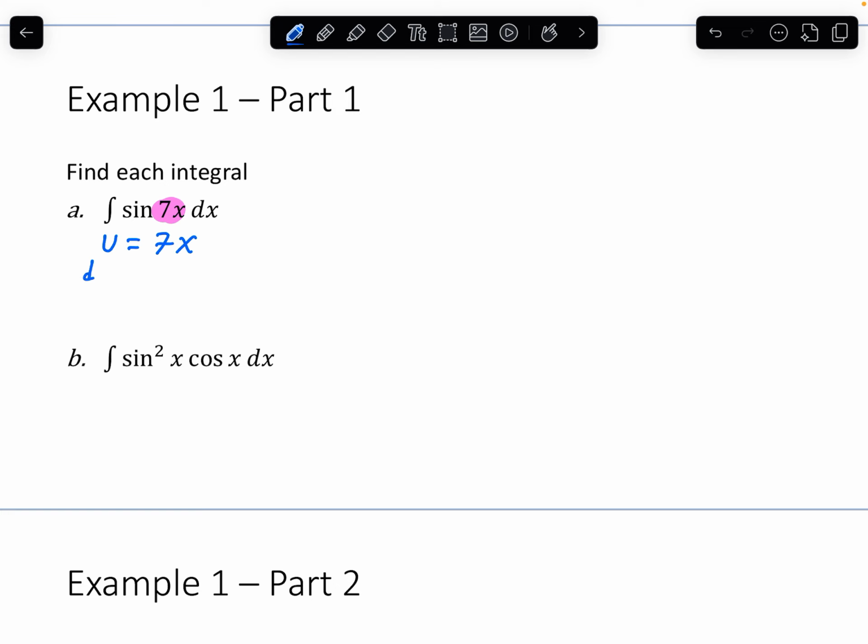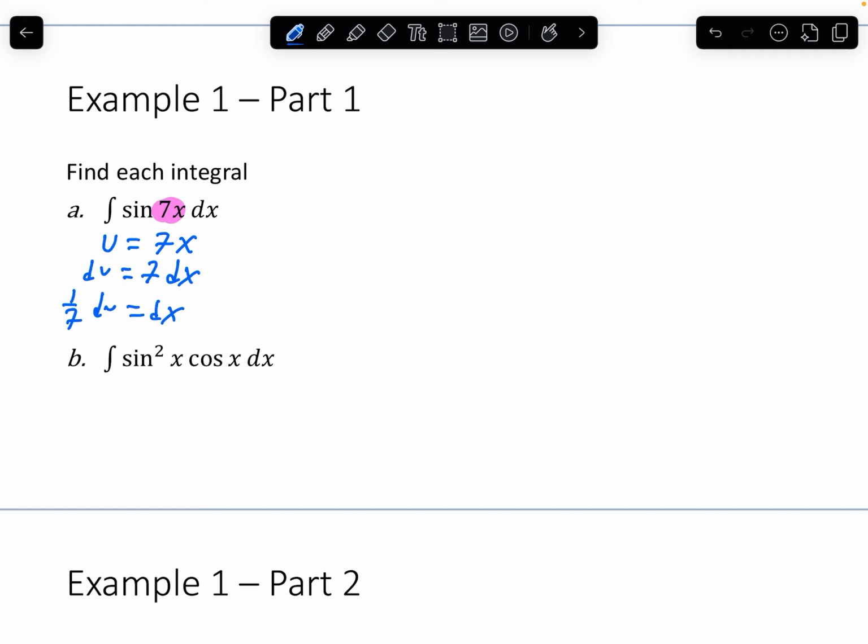And the derivative of u will just be 7 dx. But the problem is there's no 7 outside of the sine, so we need to divide by 7. 1/7 du is equal to dx.